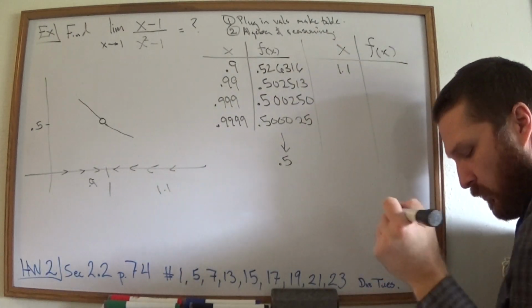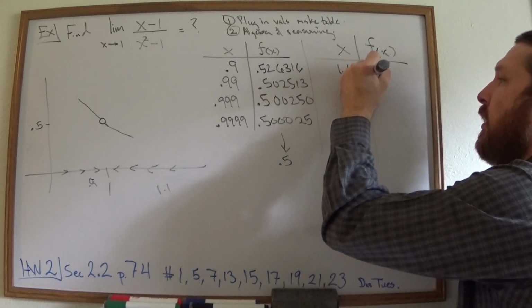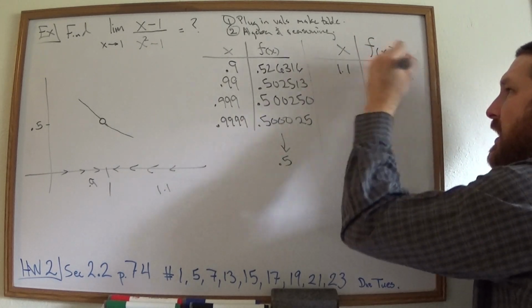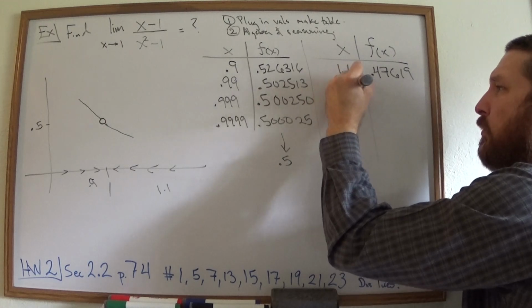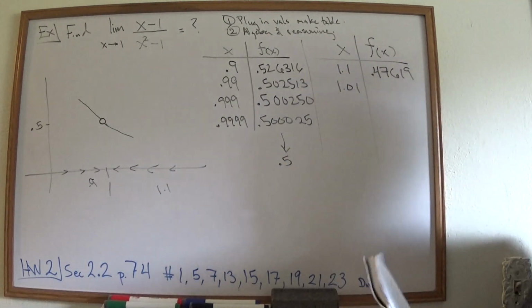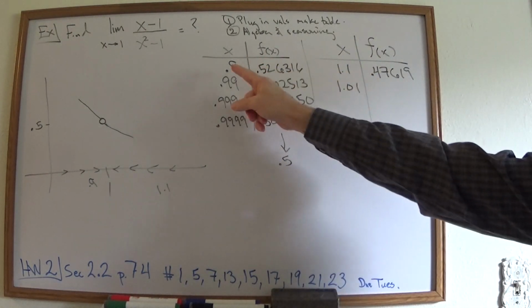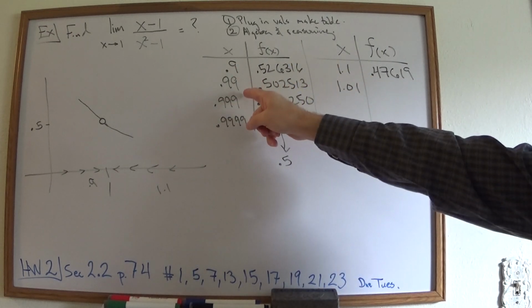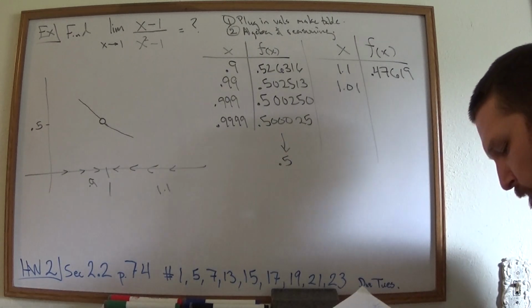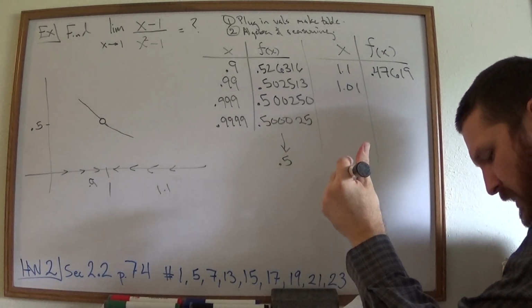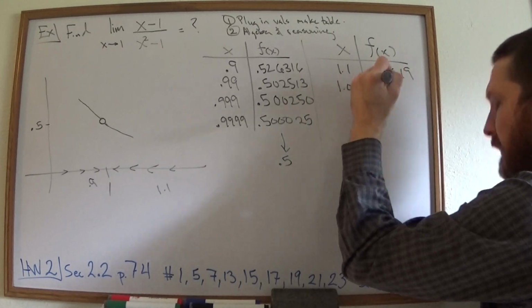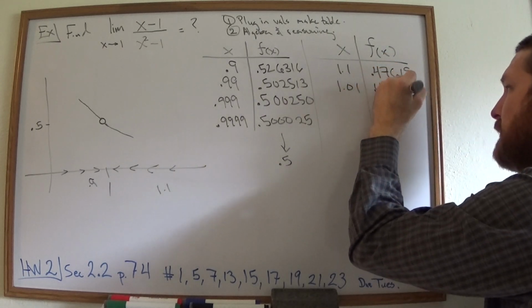Plug in my 1.1, and I get 0.47619. I plug in my 1.01. And you notice I'm going by the same amount each time. Over here I'm off by 0.1, here I'm off by 0.01, and so forth, right? This gives me 0.497512.